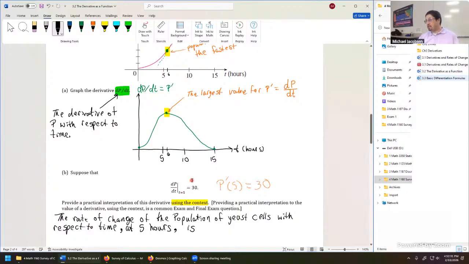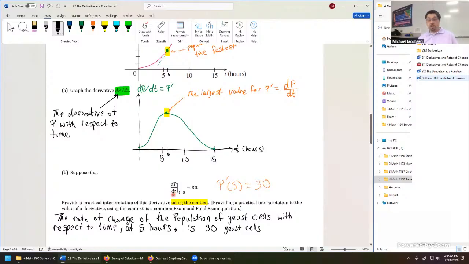is 30. But if we're going to say what that means using the context, we have to put a unit to that 30. And here's the great idea with this Leibniz notation. The units are kind of looking at us. We take the unit of the numerator, much like if we were dealing with a slope. P is the number of yeast cells, so say 30 yeast cells.